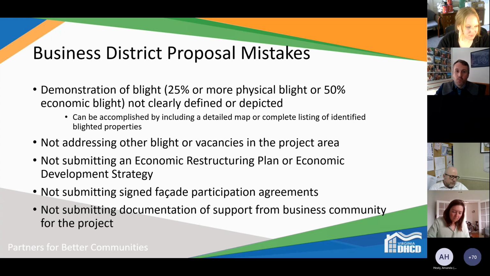We don't know it as well as you all, but if we can't figure out exactly what's going on, we can't fund it. Not having a definition of blight is an advantage and a disadvantage. But if we can't determine what's going on with your community, with your plan, then we're not going to be able to see that through to make sure we hit our national objective of eliminating slum and blight.